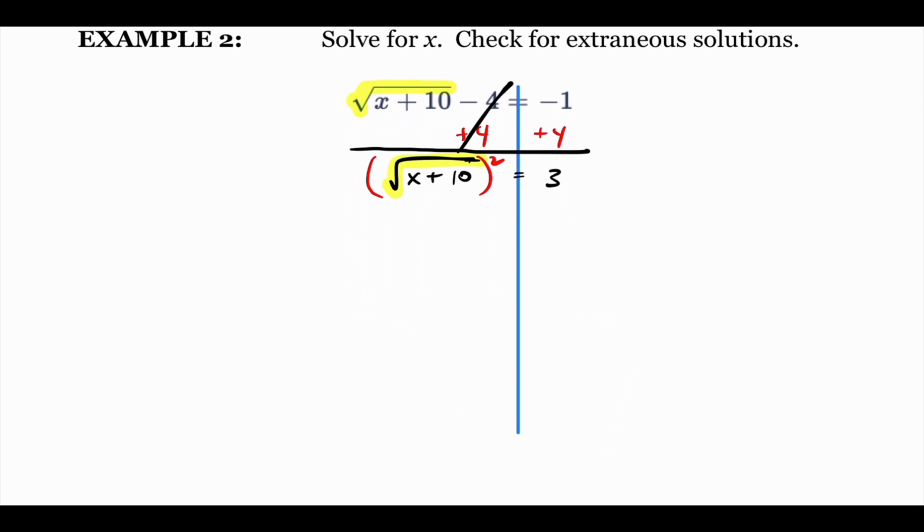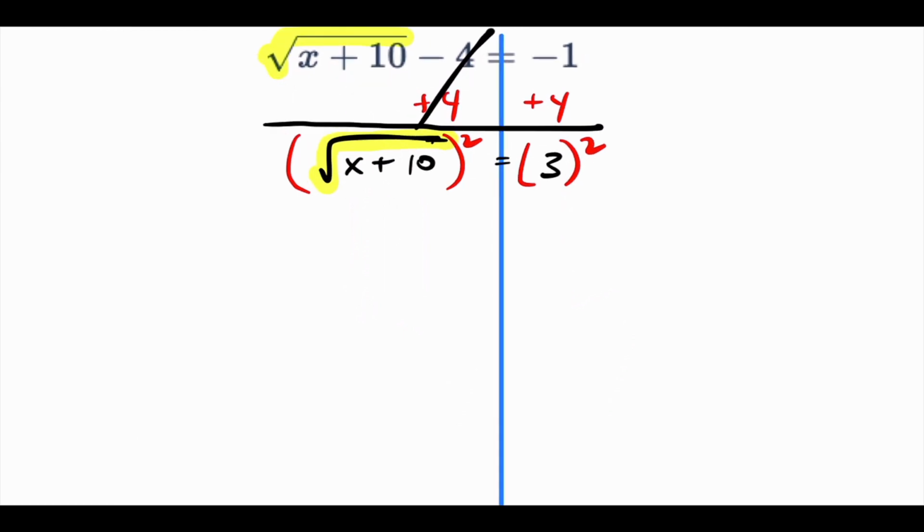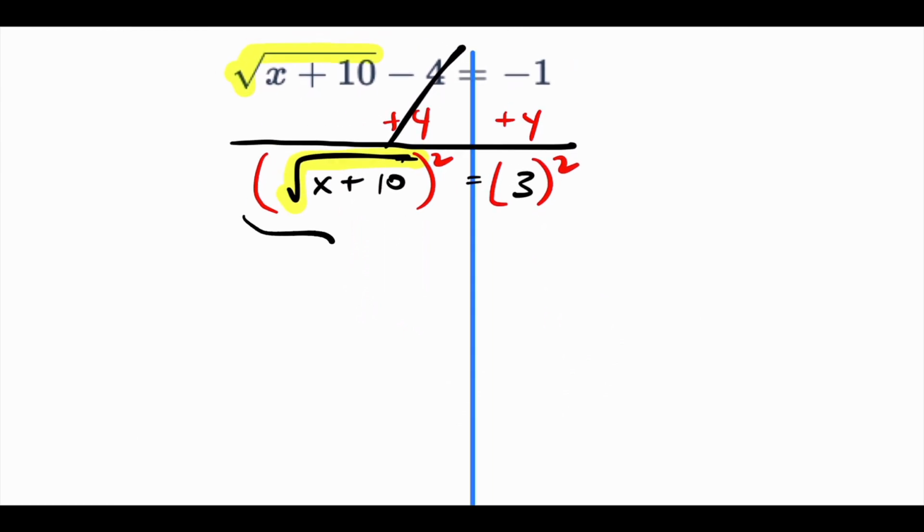But because there's an equal sign, whatever I do to one side, I have to do to the other. It has to be balanced. We talked about this: anytime I square a square root, what's the answer going to be? x plus 10.